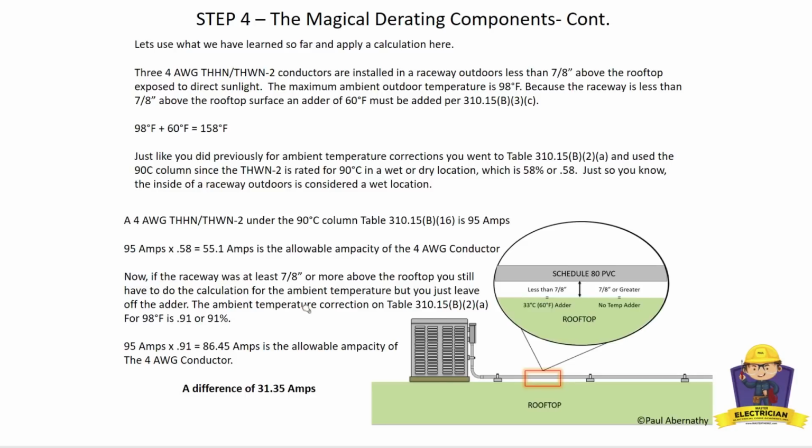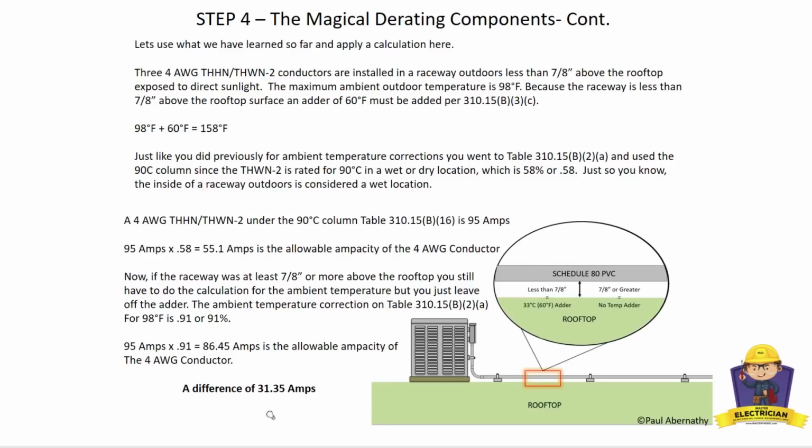Now let's see how this impacts us if we had done this differently. Let's say that we installed the same raceway, but we were at least 7/8 of an inch. And if that's the case, then we only had to take into consideration this 98 degrees Fahrenheit. So at that point, we go back to the 4 gauge in the 90 degree column. We do the 95 amps times 0.91, and that results in 86.45 amperes. Okay, so that 4 has a lot more current carrying capacity on it than it did when I had to apply that adder.